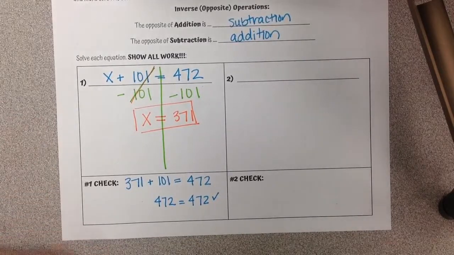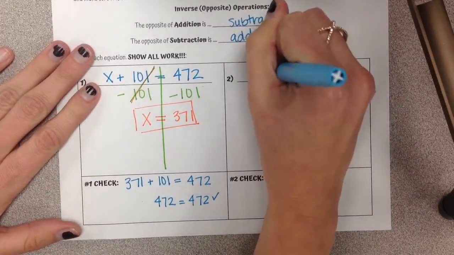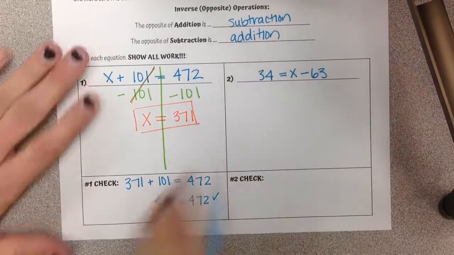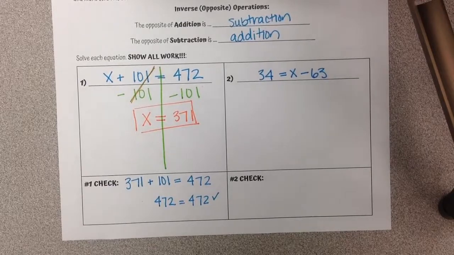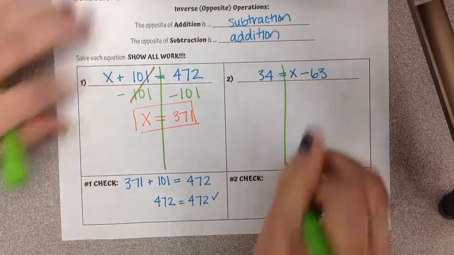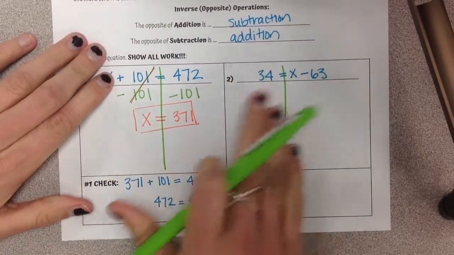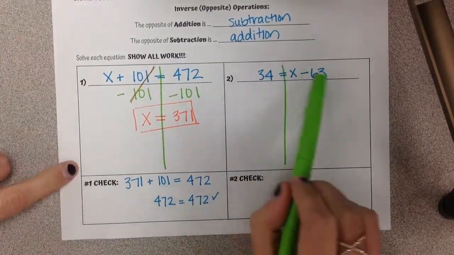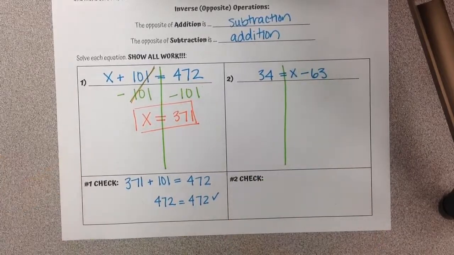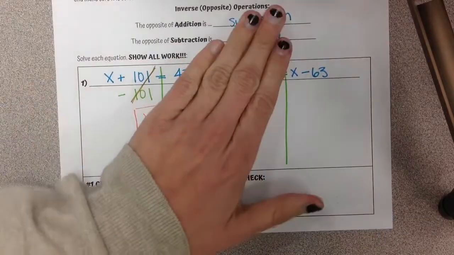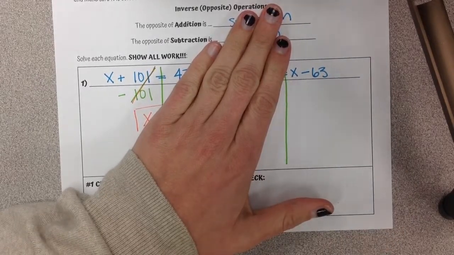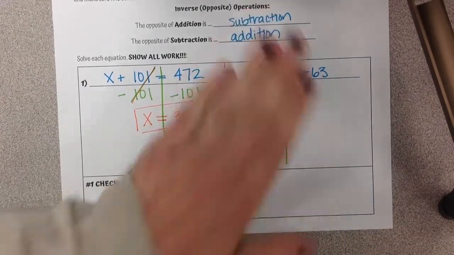All right, example 2, 34 equals x minus 63. Again, the first step is to draw our line down the middle of the equal sign, and we're looking at our two sides of the equation. We want to look at the side that has the variable, which in this case is on the right side. Once we've identified that, what operation is occurring? We have subtraction, so we need to do the opposite, which is to add.